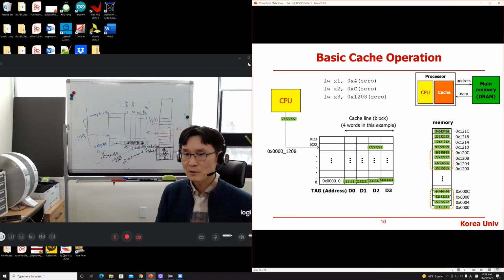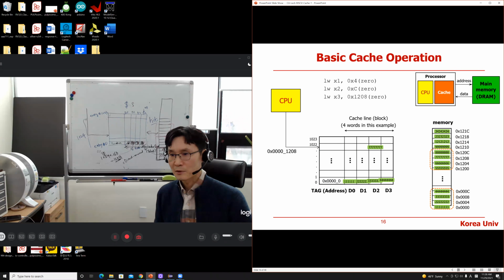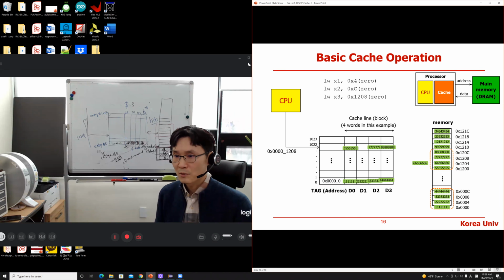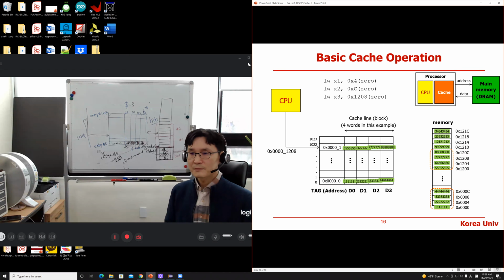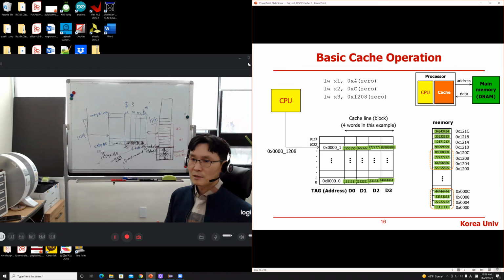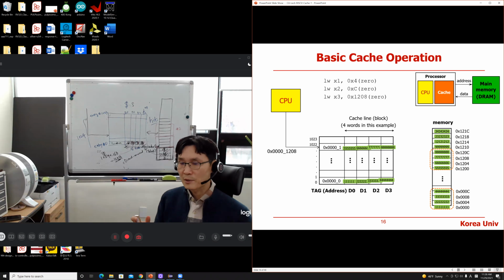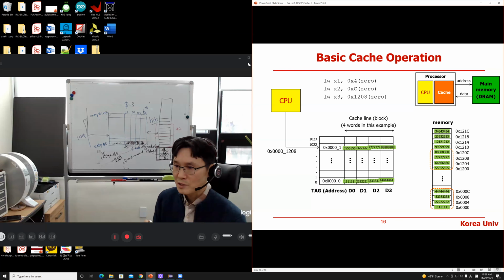Then that information is provided to the CPU. Then the remaining data will be stored in the cache, and the location information should be stored. That is the cache operation, a little bit big picture. I have to explain a little in detail, but big picture.